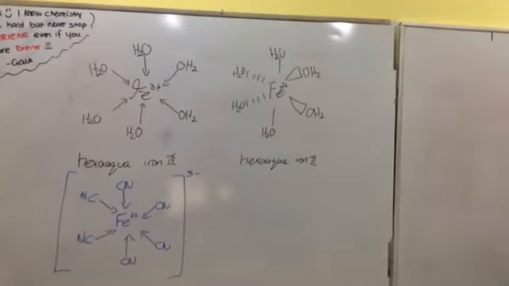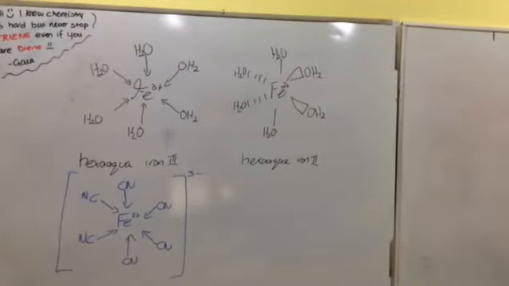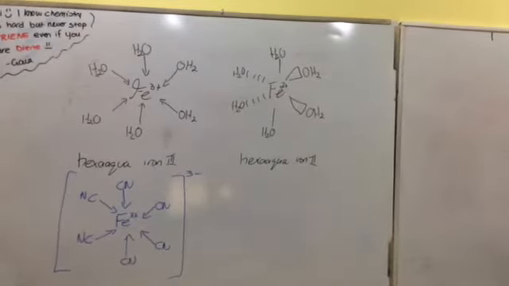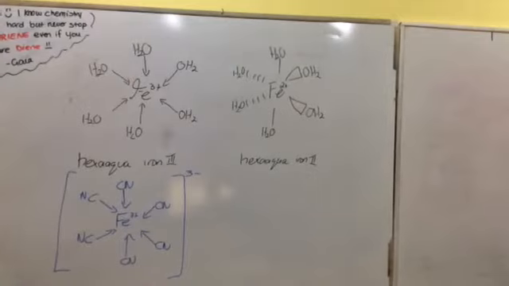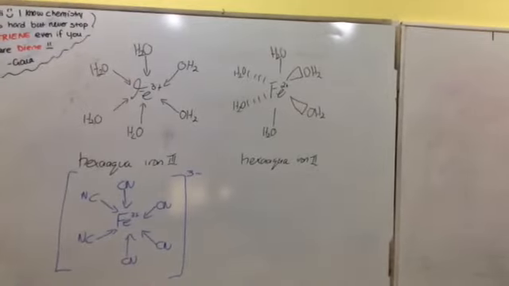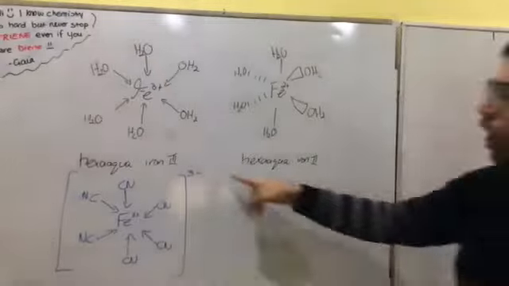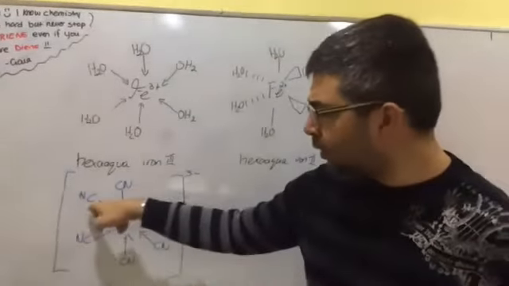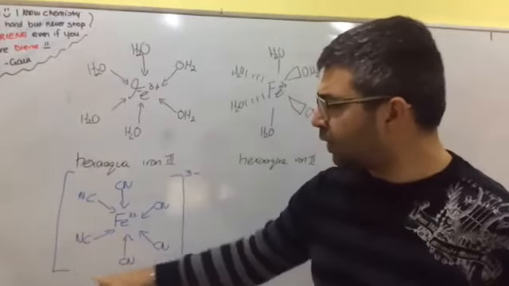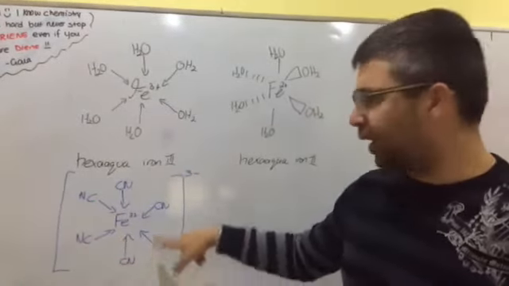Because if you have Fe3 plus and you're adding 6 CN minus, the 3 plus is going to be neutralized and it's going to be removed because 6 minus is bigger. Therefore, 3 plus minus 6 will be equal to the charge of the complex. So 3 plus minus 1 minus 1 minus 1 minus 1 minus 1 and minus 1, which will end up being 3 minus overall.